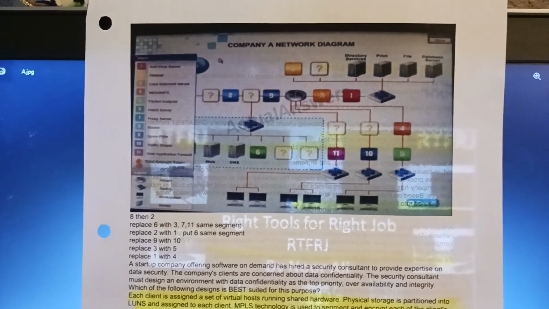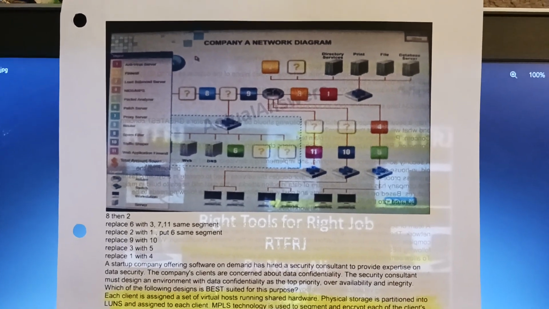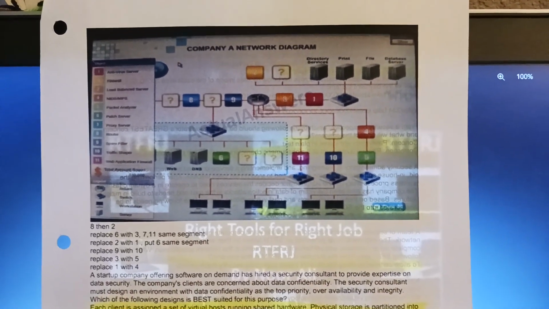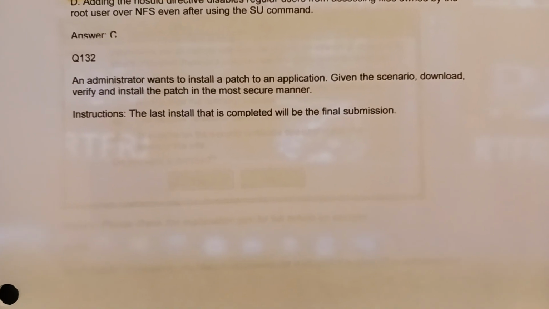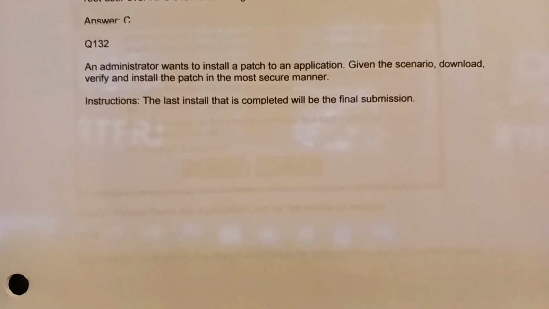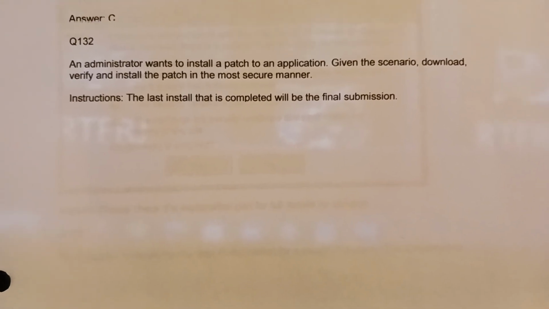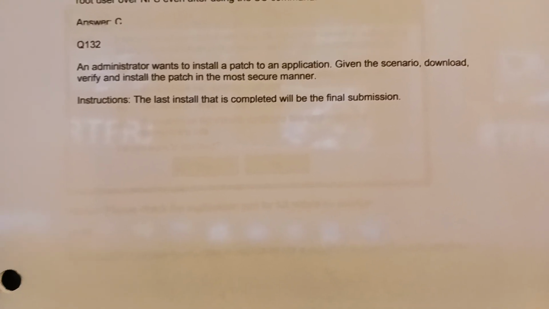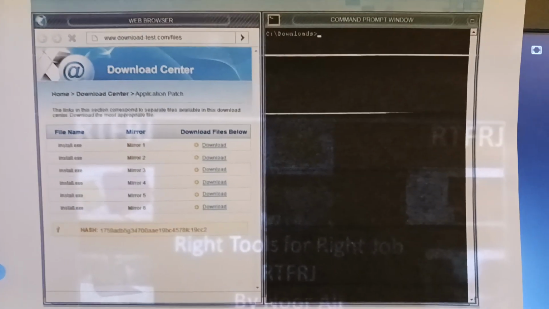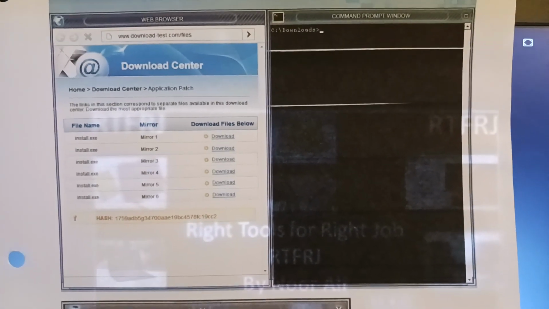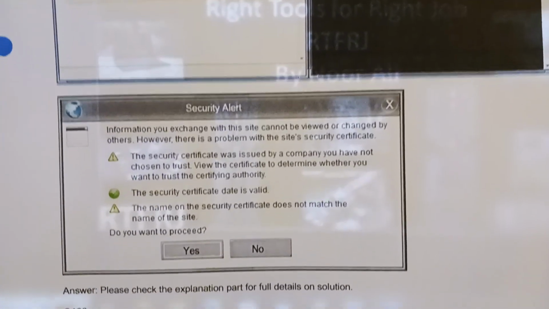They mix and match a lot of manufacturers in their certifications. So here's another scenario. Look at question number 32. It's asking you if you're an admin, install the patch on an application and follow through. Here's the simulation. This is what you have to do in the exam.